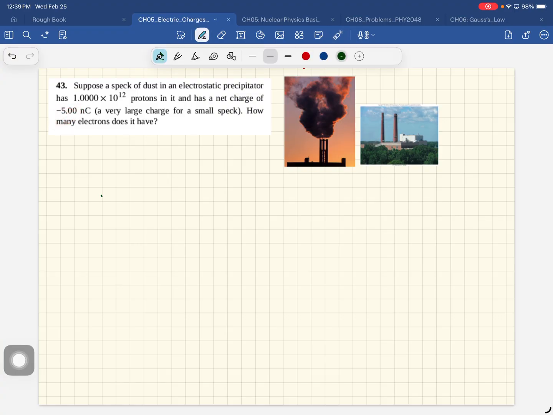The number of extra electrons equals the charge divided by the charge of the electron. So I'll put nanocoulomb. And the charge of an electron is 1.6 times 10 to the minus 19 coulomb.